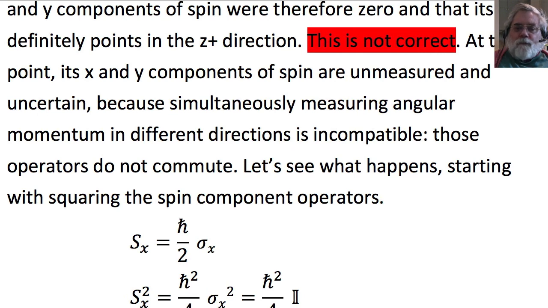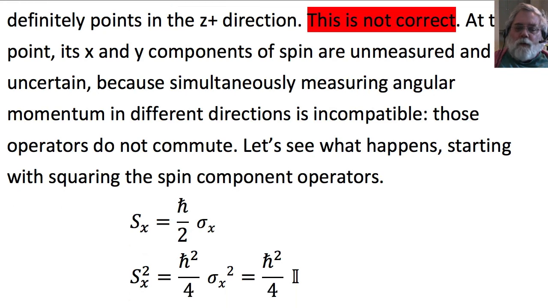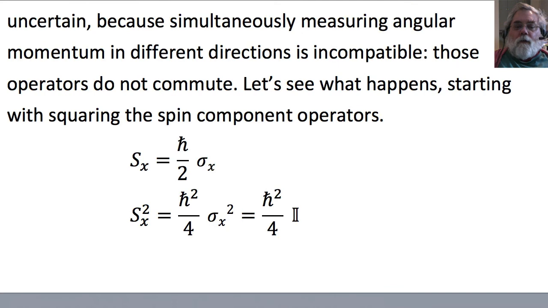Let's see what happens starting with squaring the spin component operators. Sx is h bar over 2 times the Pauli matrix sigma x. We can square it. We get h bar squared over 4 times the Pauli matrix sigma x squared.